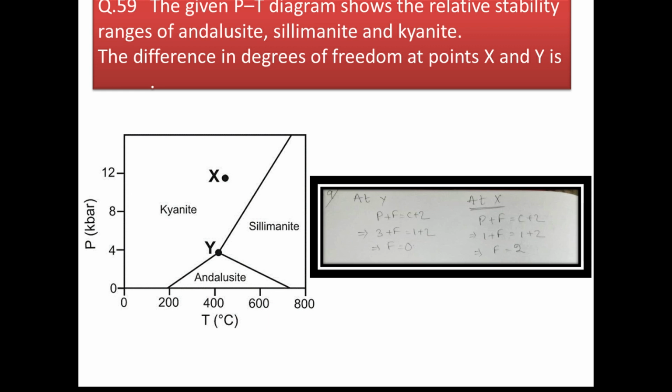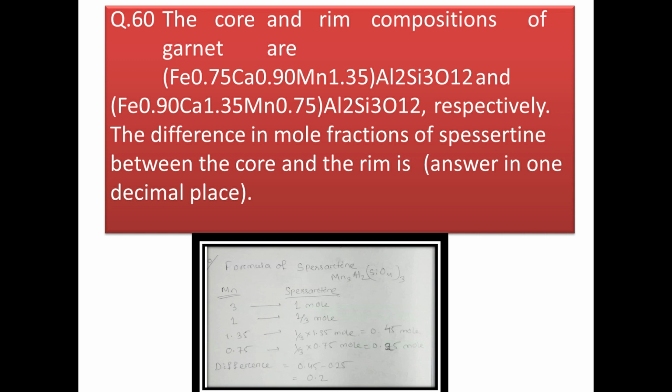Okay. Next question. The core and rim composition of garnet are this and this respectively, and the difference in mole fraction of spessartine between the core and the rim is. Now see, the formula of spessartine is Mn3Al2(SiO4)3. So 3 manganese are required to form 1 mole of spessartine.